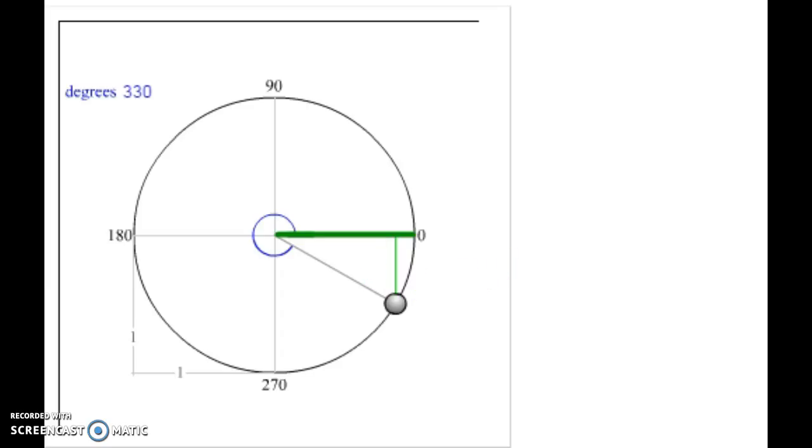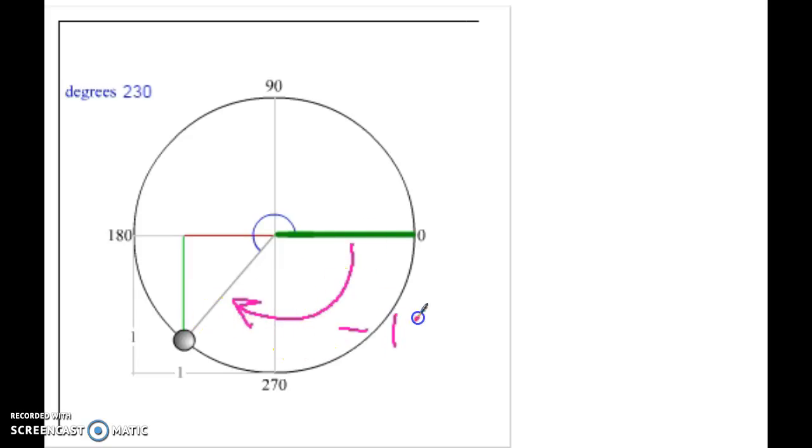Sound good? And then if I continue to travel clockwise, and let's say I go right there, that's going to be negative 130 degrees. Always put your arrow like this, negative 130 degrees.